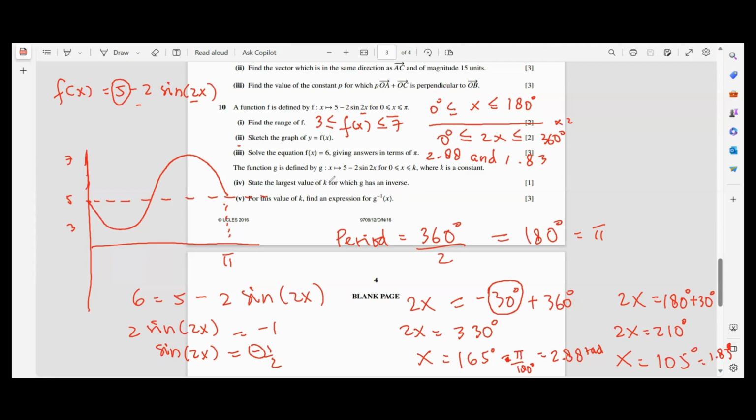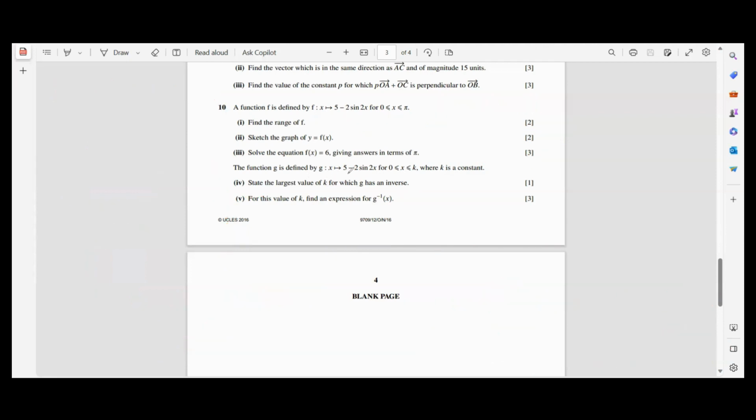Now for the IV. Okay, let me clean this first. We have the g(x) here. Find the largest value of k such that it has an inverse. Just now we already drew the picture. It's like this. This is 5, this is 3, 7.